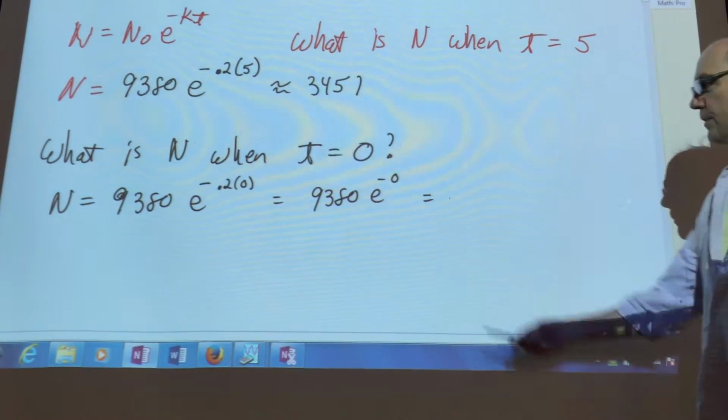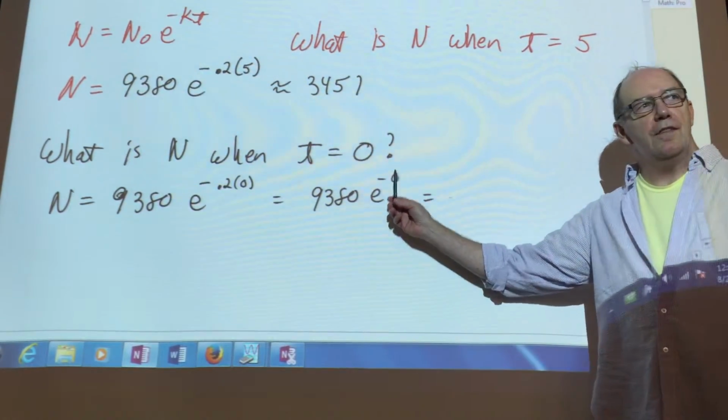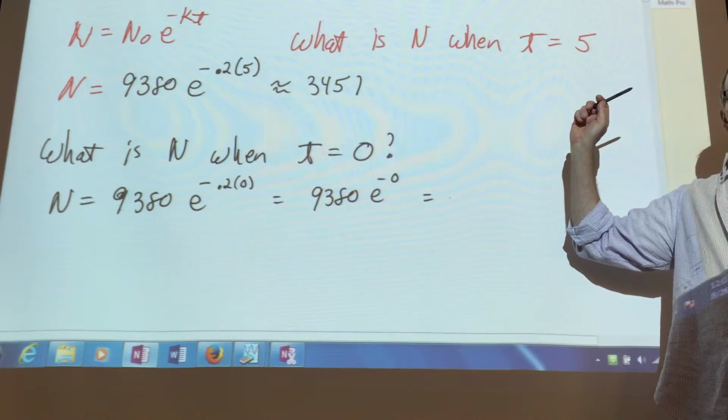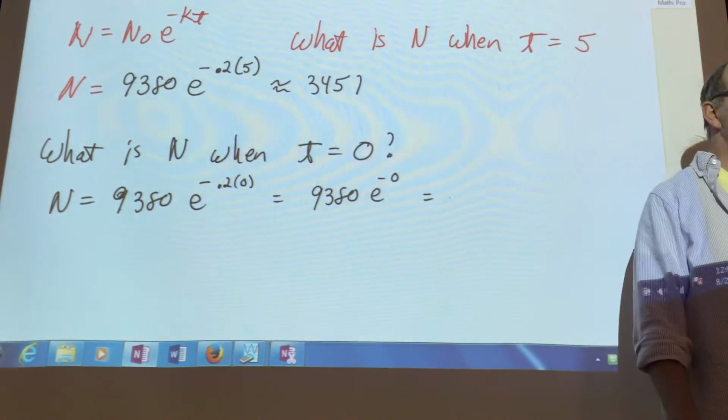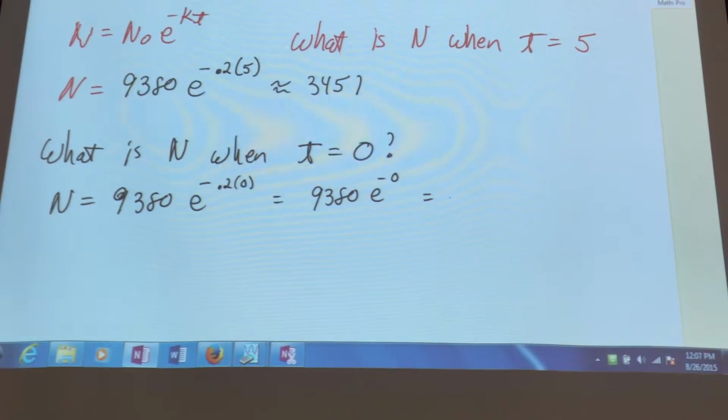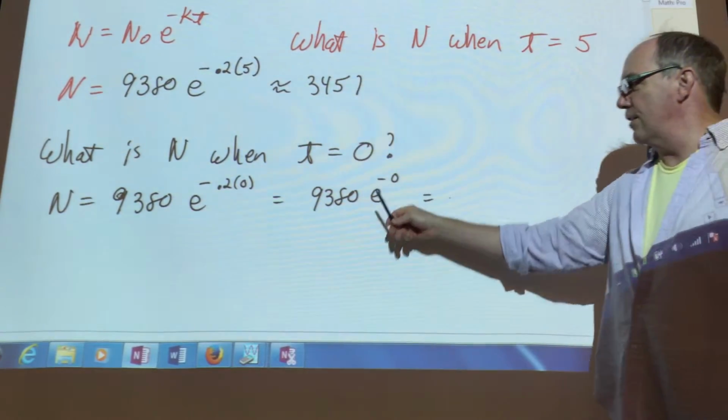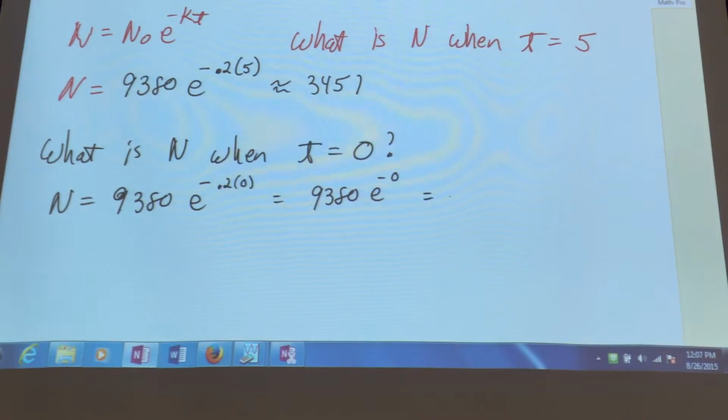And the reason I bring this up is people are often afraid of exponents that are 0. But an exponent that is 0 is always 1. Actually, it's not always 1. 0 raised to the 0 is not 1. But other than that one exception, when you see anything raised to the 0 power, it's going to be 1.